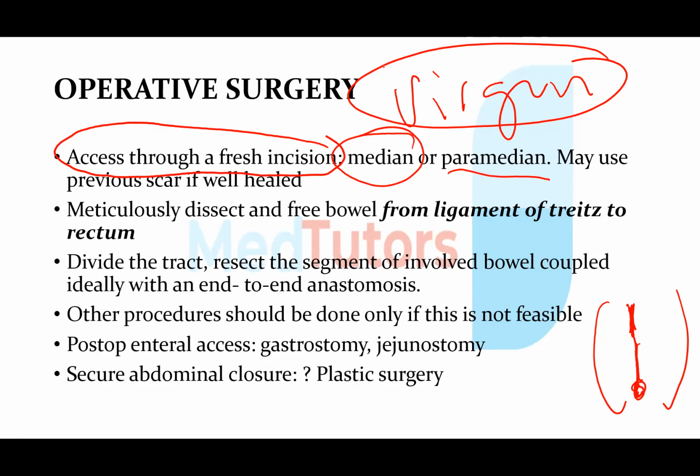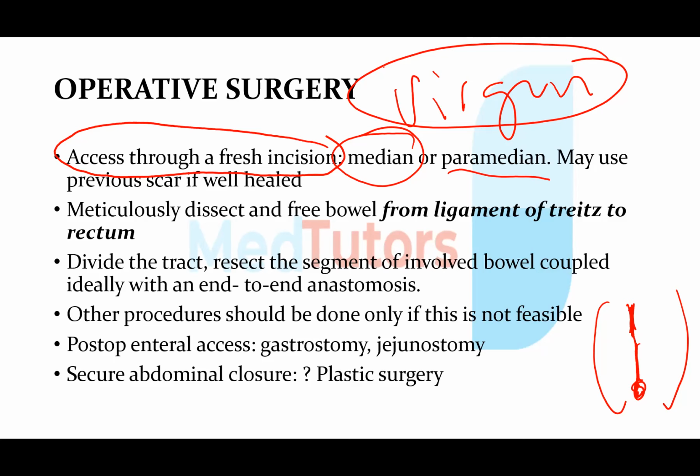Now, other procedures can be done, like drainage of abscess, as we mentioned, proximal diversion to a distal segment of bowel. You can provide a means of post-operative feeding. For example, if a patient has an esophageal fistula, you can do a gastrostomy.